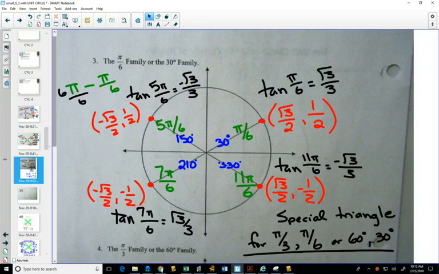Zero. Excellent. Haley, pick someone for sine of 330 degrees. Negative 1/2. And the last one, pick someone for cos of 5 pi over 6. Avery? Simon?